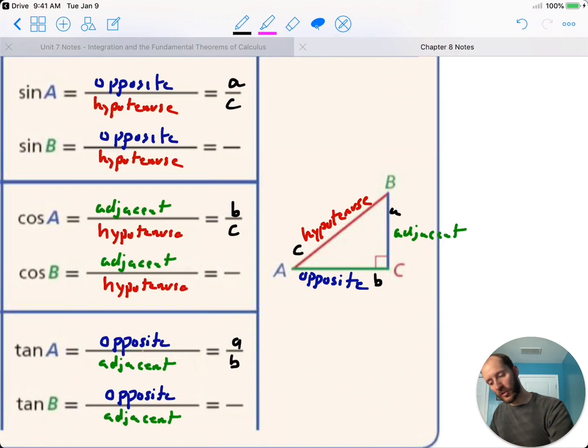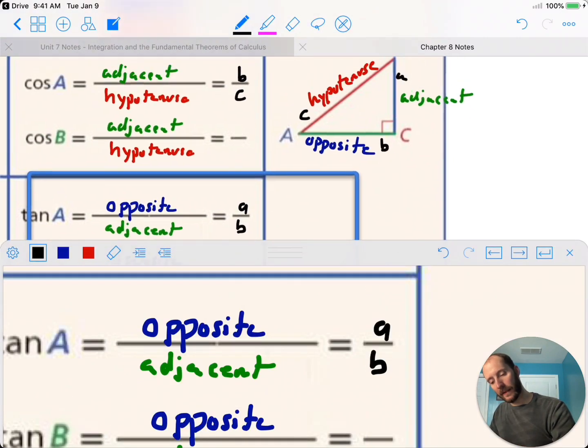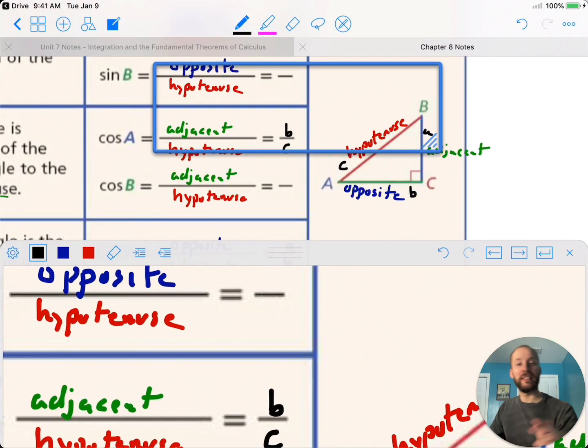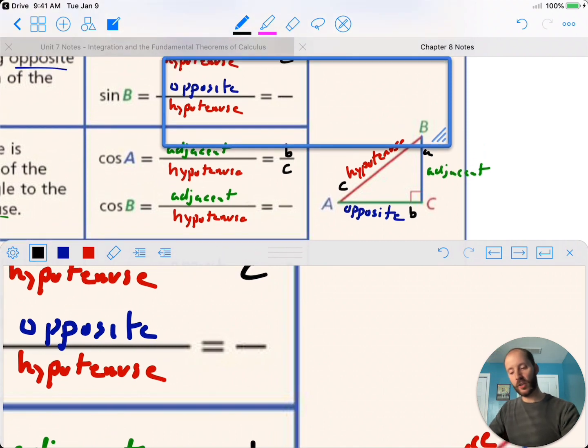So the ratios are the same, but the sides you're going to look at change depending on the angle you're looking at. The sides, opposite and adjacent, are in relation to the angle. So sine of angle B would be b over c.